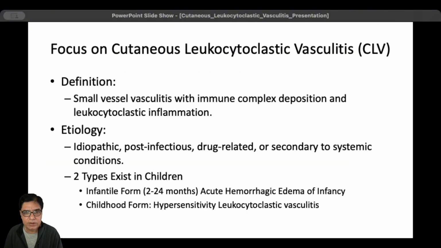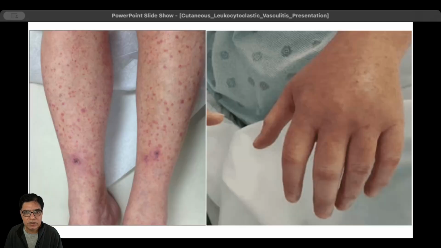Again, in the older one, let me take you back to the images. Here is the one that I saw. So you can see small palpable purpura, papular spots, some of which were quite painful as well, predominantly on the lower limbs, but also on the left upper arm. You can see there is swelling of the left wrist and the left hand as well, which was painful as I tried to press it. But the child was otherwise absolutely fine.